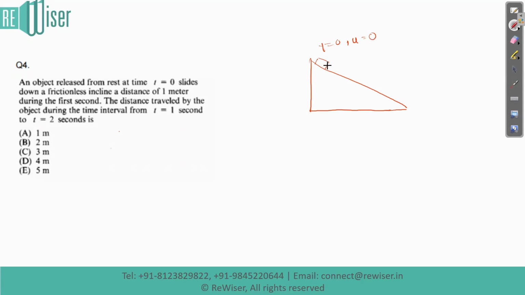That means it is at rest. So after 1 second, it is somewhere here. From 0 to 1 second interval, it has traveled this distance. Now they're asking from 1 second to 2 second.